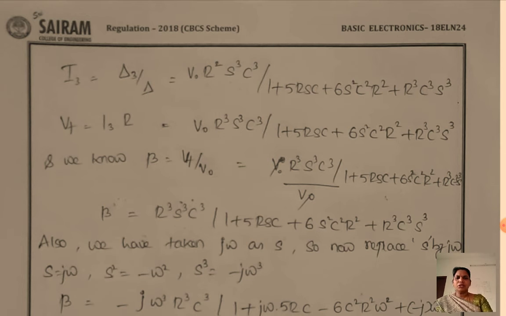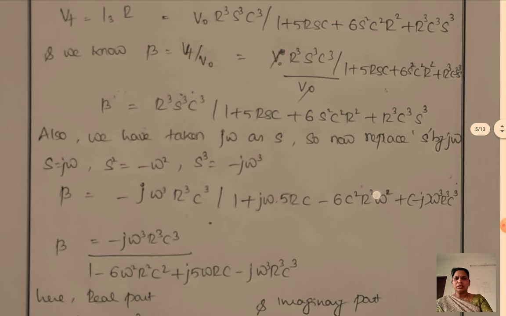Now we are going to find the condition for the gain, as well as the beta value, to satisfy the Barkhausen criteria. To arrive at the result, I am replacing S by j omega. As we have taken S equal to j omega, S square will be equal to minus omega square, and S cube will be equal to minus j omega cube.